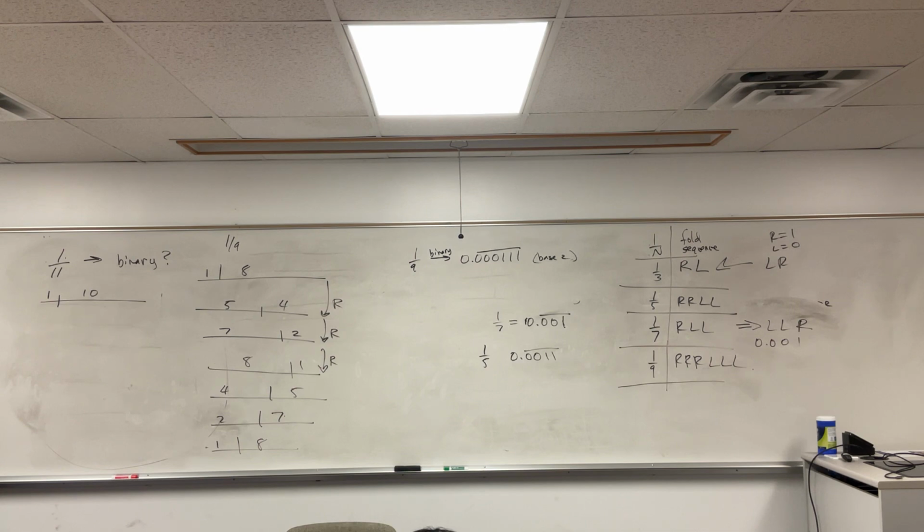Okay, but this is wrong. This looks right, but you're not interpreting the numbers properly. So it's 0 point 0, L is 0. So 0 point 0, 0, 0, 0, 0, 0, 1, 0, 1. Does that make sense? Yeah? Okay.